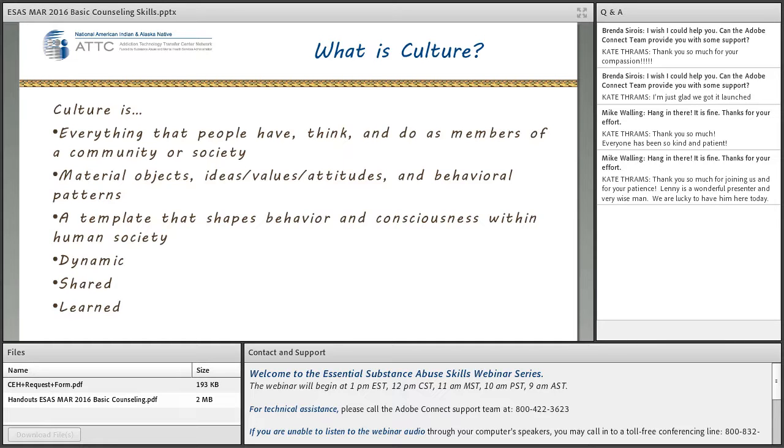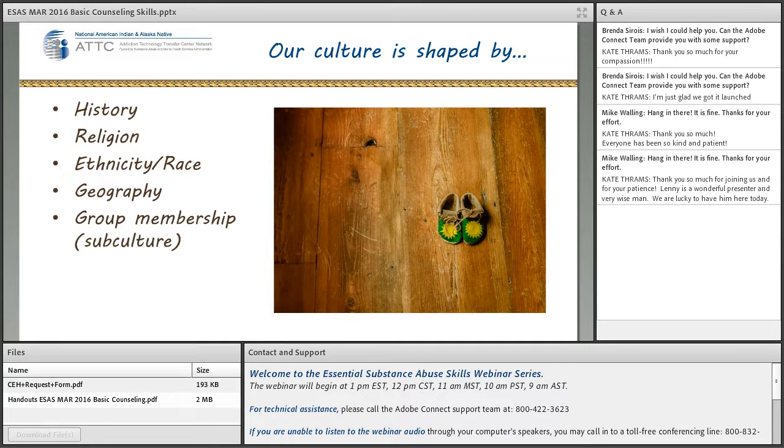The material objects or ideas, values, attitudes, and behavioral patterns, a template that shapes behavior and consciousness within human society. It is dynamic, shared, and learned. Our culture is shaped by history, religion, ethnicity, race, geography, group membership, and subculture.